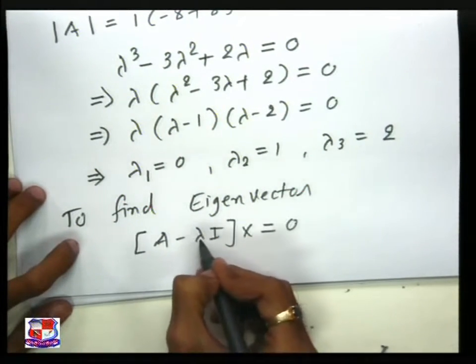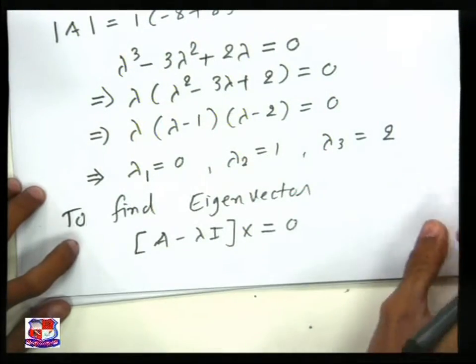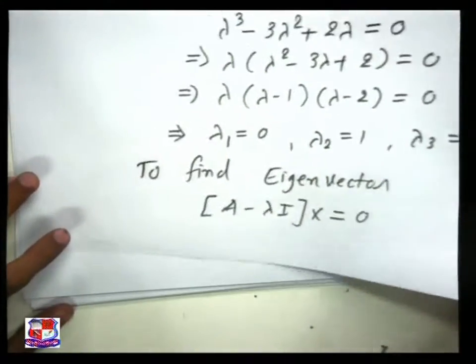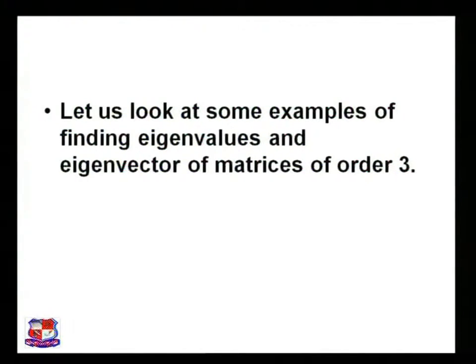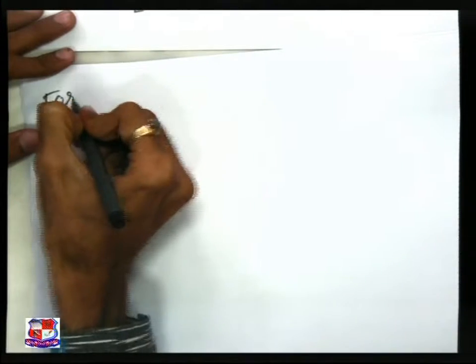Now we have lambda is equal to 0. That is the first case. If we take lambda is equal to 0, then we will get the first case.